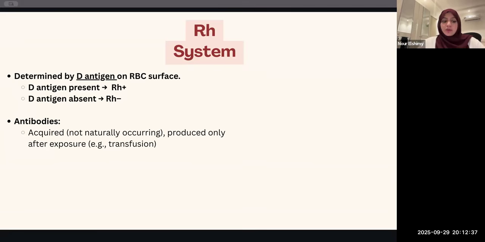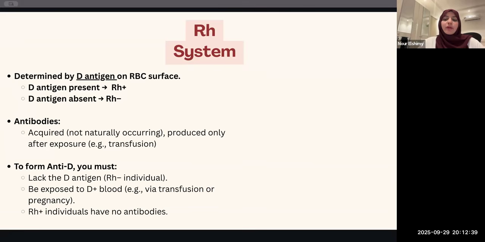How can someone make antibodies against Rh, or against the D antigen basically? If you lack the D antigen yourself, so basically you're Rh negative, and an antigen D is introduced to your body, you're going to form antibodies against it since you do not have the antigen.